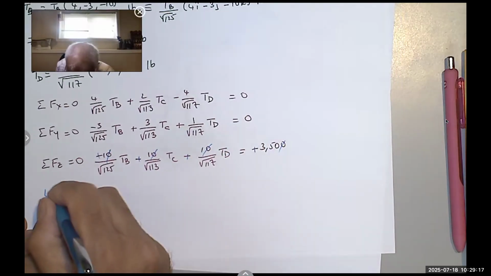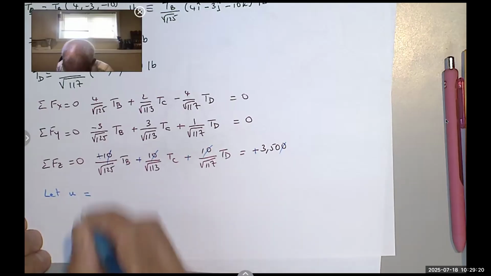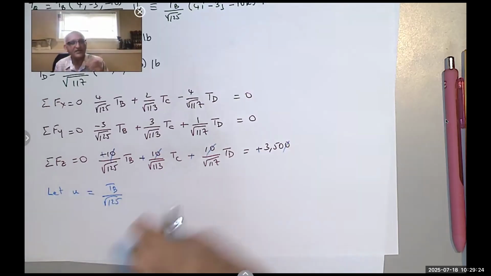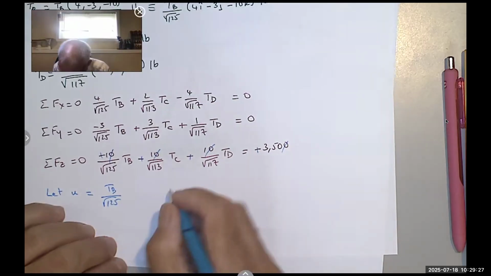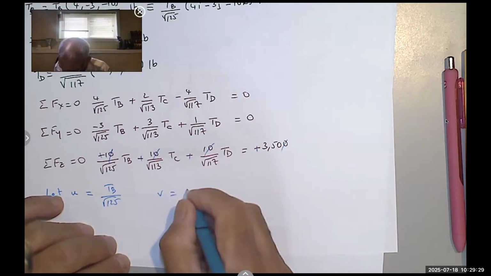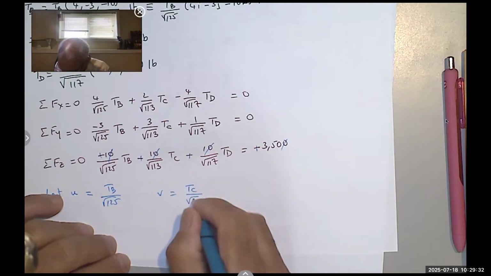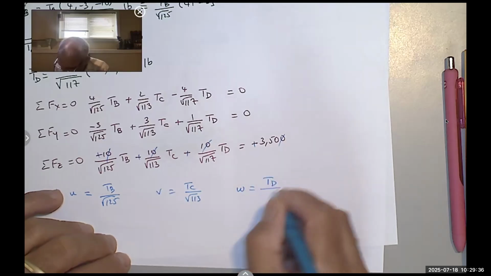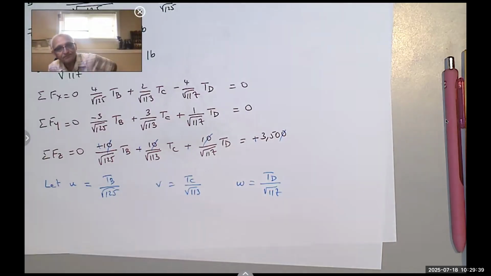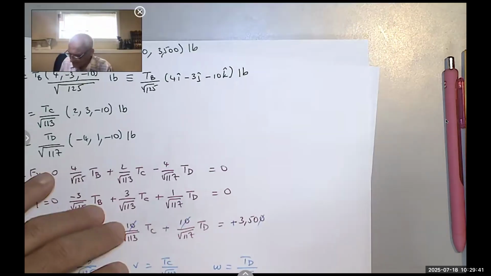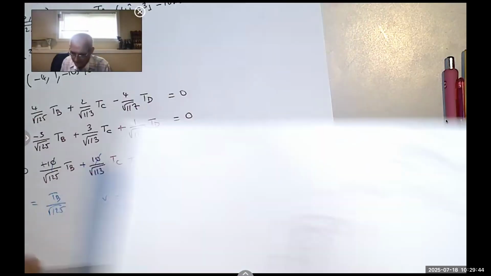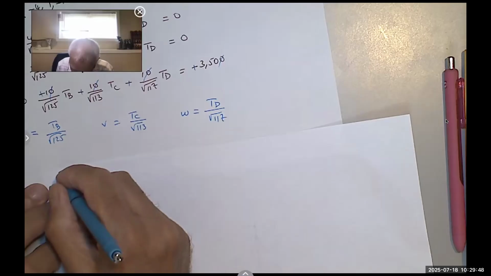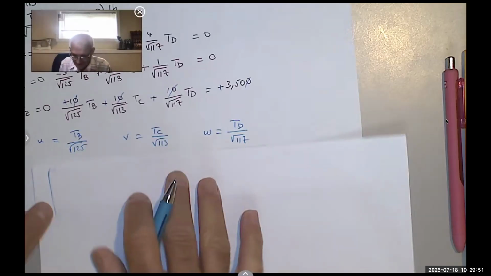And I'm going to say let U equal TB over root 125 to get rid of this root, and V equal TC over root 113, and W is TD over root 117. How would that simplify my problem? Now I can write the augmented matrix as follows.